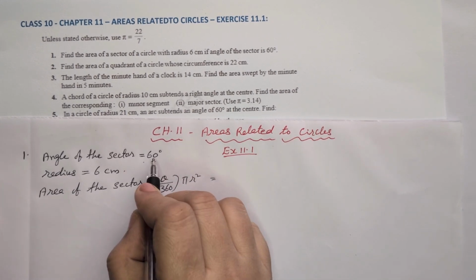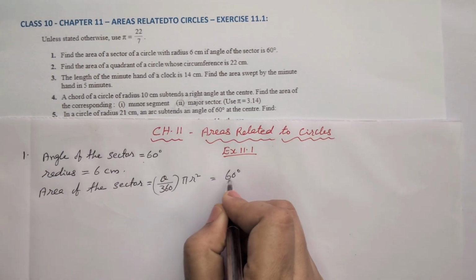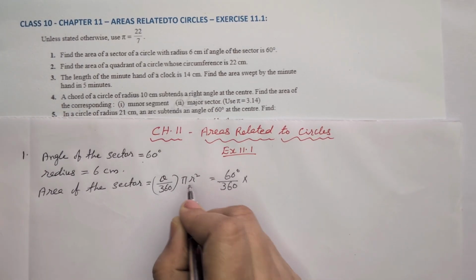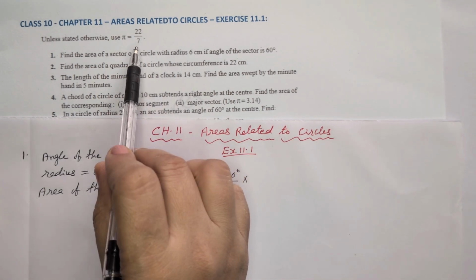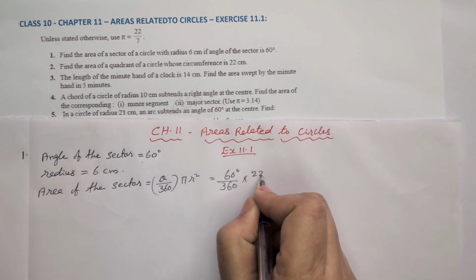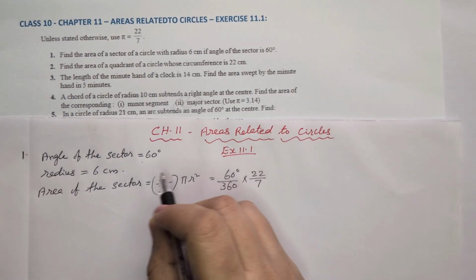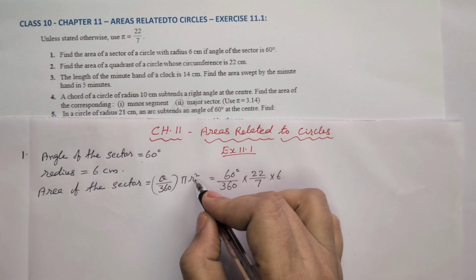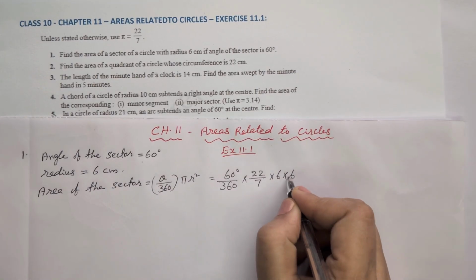Here theta, the angle, is 60 degrees, by 360. Value of pi is 22 by 7. Here it's given, take pi as 22 by 7. So 22 by 7, radius of 6, 6 square, so 6 into 6.